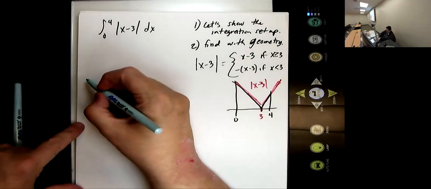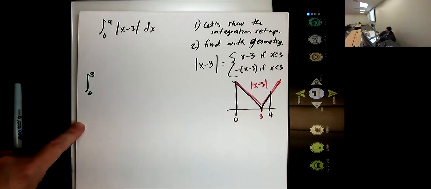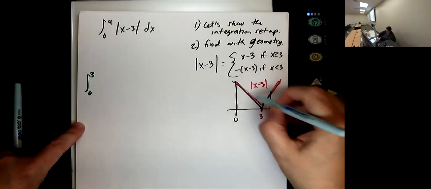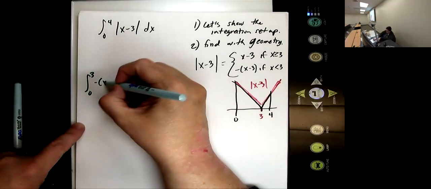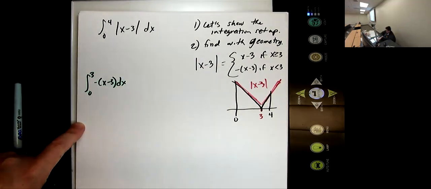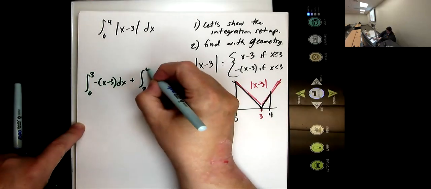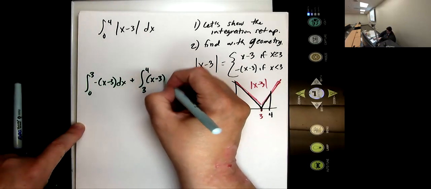Which means we're going to do 0 to 3. This has 2 different parts. It's got different values. So this line is the negative (x minus 3) for 0 to 3, and then from 3 to 4, it's actually x minus 3.